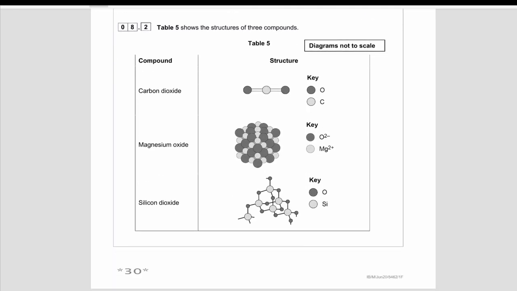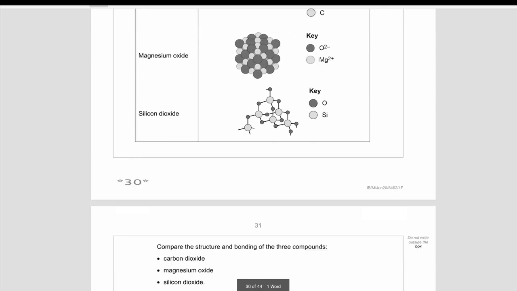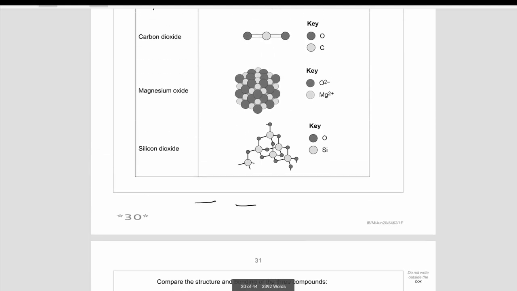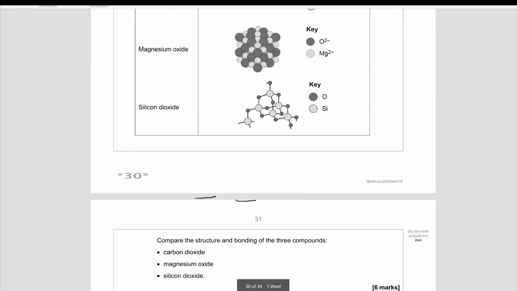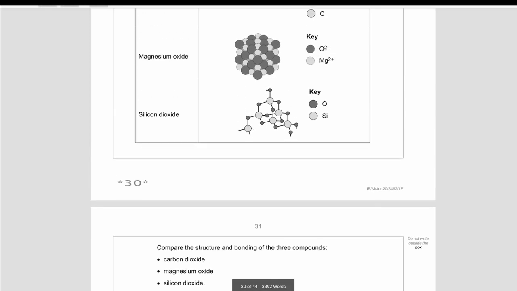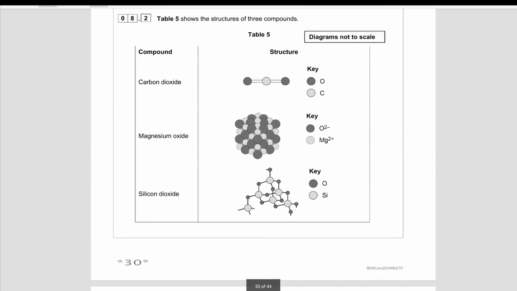Question number 8.2 provided you with this image that you can see of 3 different compounds and their structures. Your job was to look at them and compare the structures and the bonding of the 3 compounds. If we look at them, you can clearly see in these diagrams, carbon dioxide we know to be 2 non-metals, and we know this is going to be a small molecule based off this structure that you can see here.